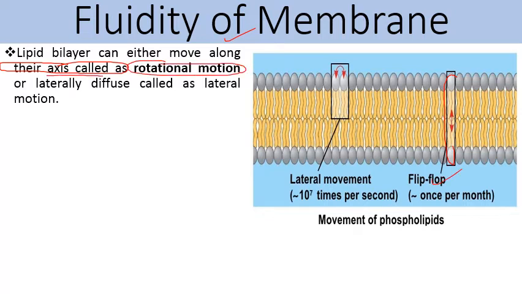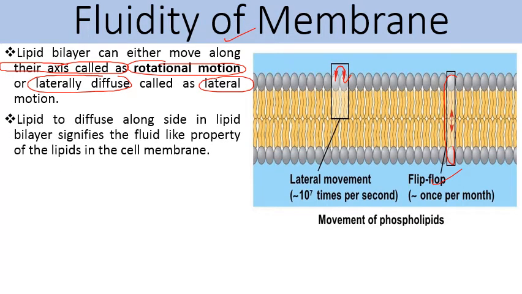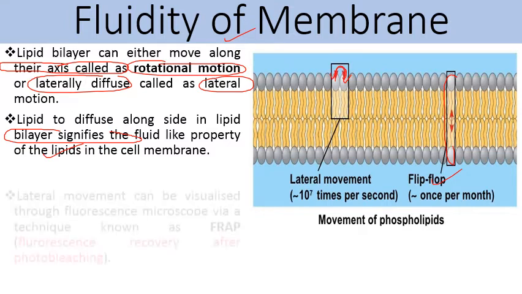Second, they can laterally diffuse, वो laterally diffuse कर सकते हैं from this position to the other position on the lateral side, and this is called lateral motion. So lipids diffusing along the side in the lipid bilayer signifies the fluid-like properties of lipids in the cell membrane. So ये जो lateral movement है lipids की, ये indicate करता है fluid nature of this membrane.